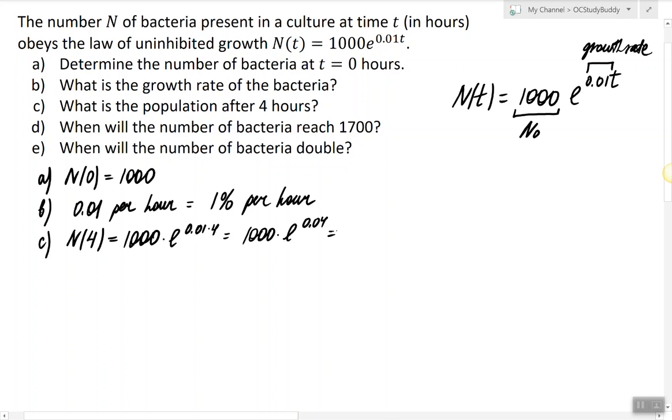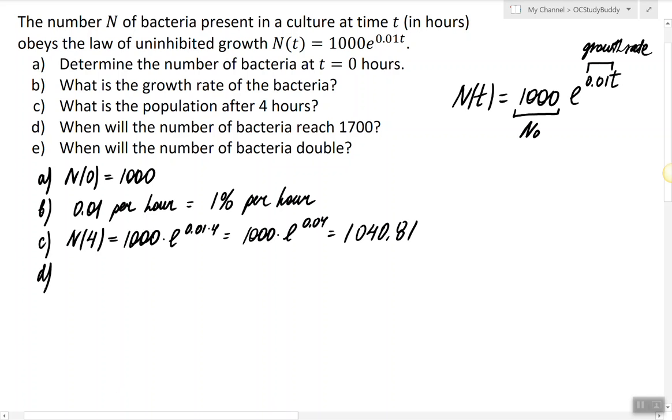So e to the power 0.04, multiplied by 1000, we get 1040.81. So after 4 hours, there will be 1040.81 bacteria. And I guess we may want to round it here, as 0.81 bacteria may not make sense.